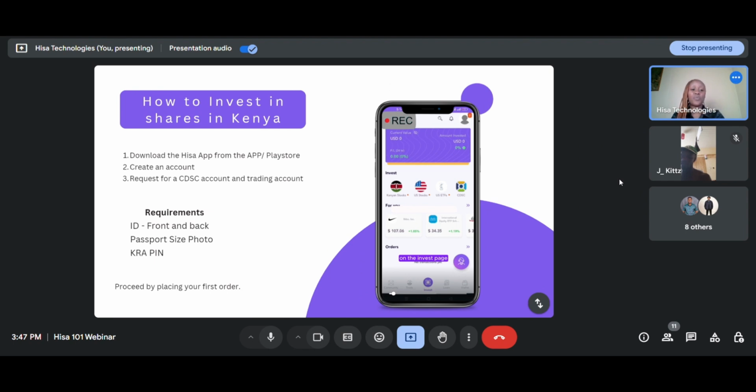You'll be in a position to now request for the third account that you need, which is the CDSC account, which we have said is the storage for your shares. So this is how you can request for a CDSC account on the Hisa app.